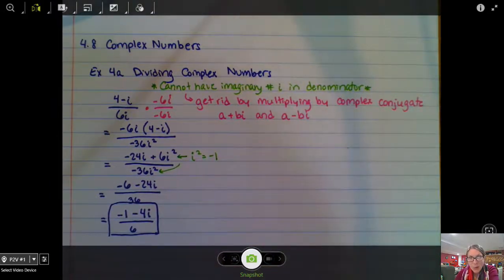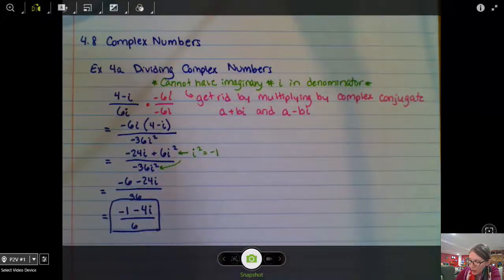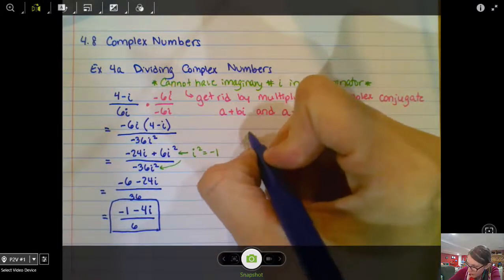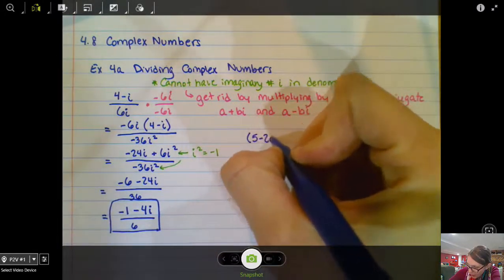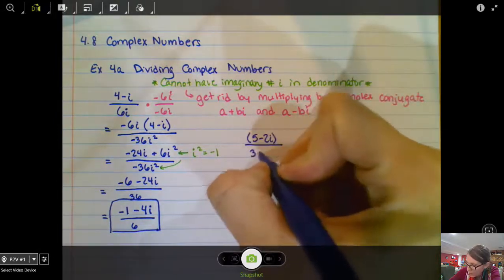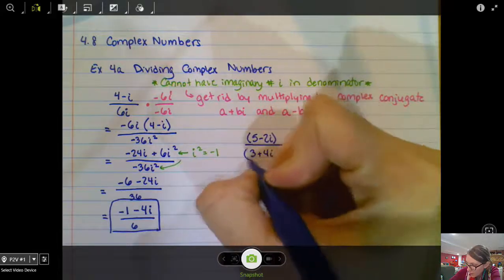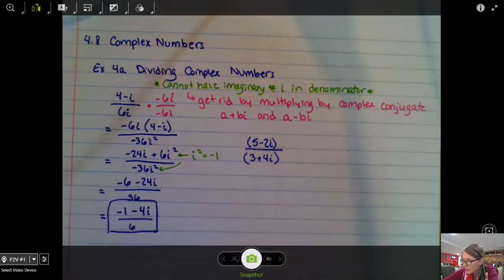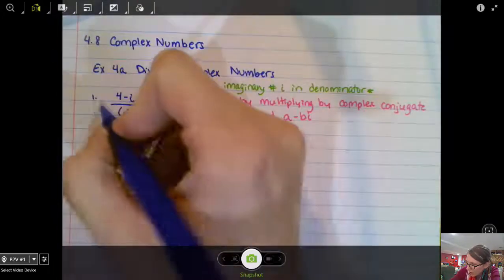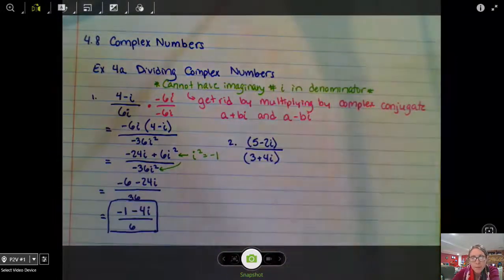All right, let's do one more example here, one more situation in example 4a. Let's do 5 minus 2i over 3 plus 4i. So I'll call that number 1 over here. Here's number 2.